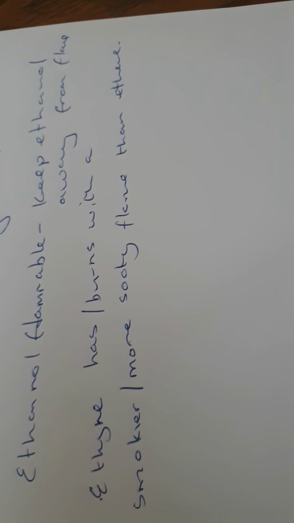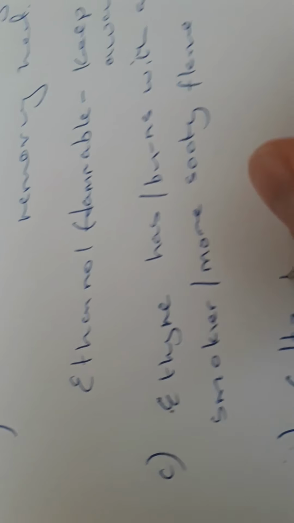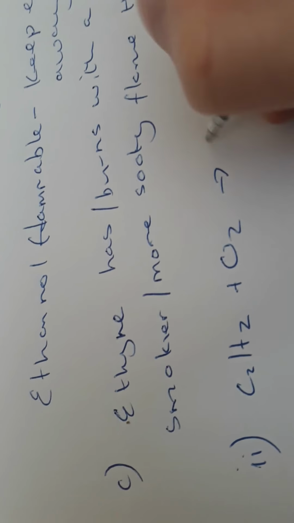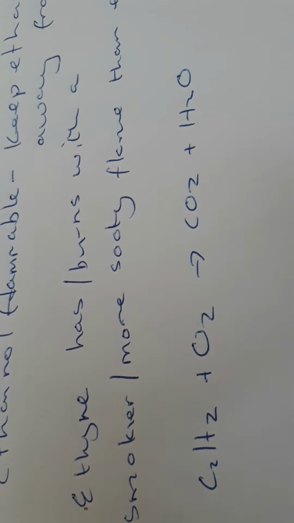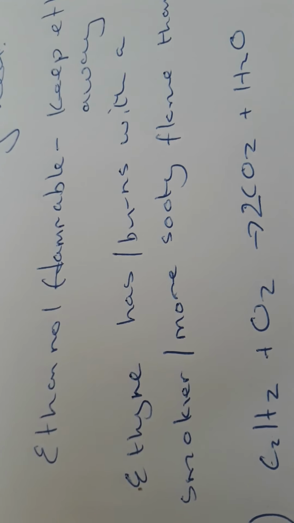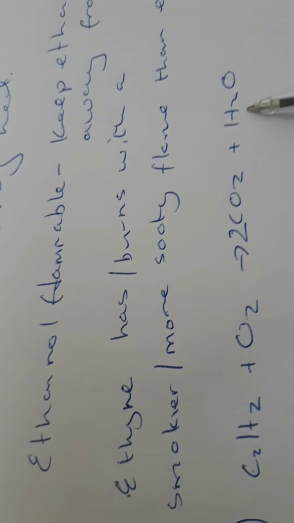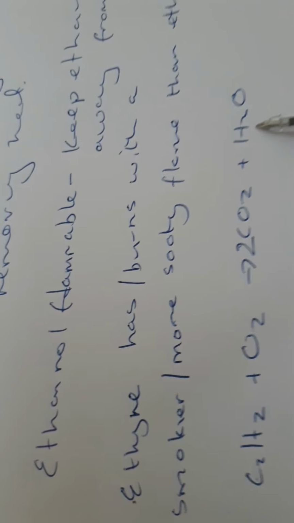Write a balanced equation for the complete combustion of ethine and oxygen. So you need to know ethine, C2H2. Always combustion is burned in oxygen to produce carbon dioxide and water. Okay, so now we'll balance. I have 2 carbons here, so I need to have 2 carbons here. I've 2 hydrogens here, I've 2 hydrogens there, so we're happy enough with that.